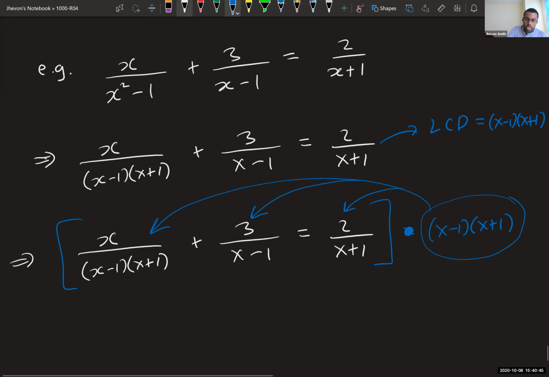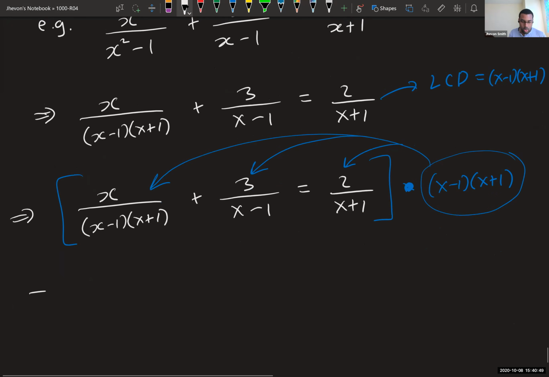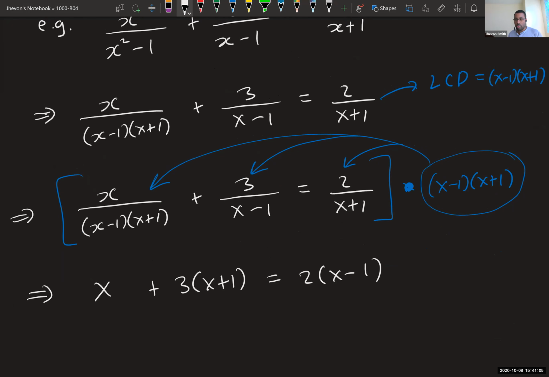Notice that in the first term, the entire denominator is going to cancel and I would just be left with x. In the second term, the x minus 1s cancel, and I'll be just left with x plus 1. In the last term, the x plus 1s cancel, and I'm left with x minus 1. Now you'll notice it's another equation, and now there are no rational expressions present.